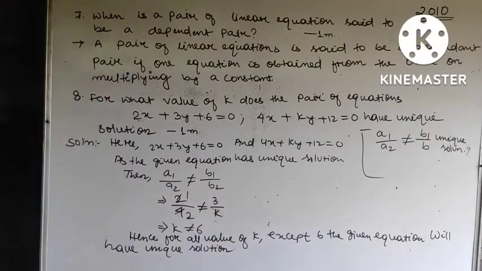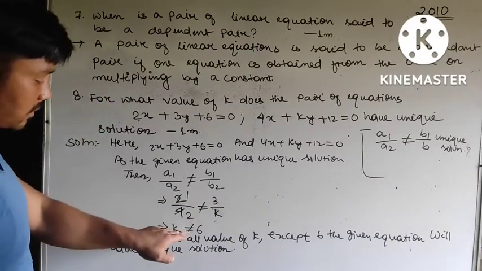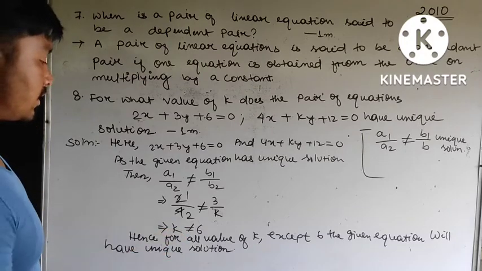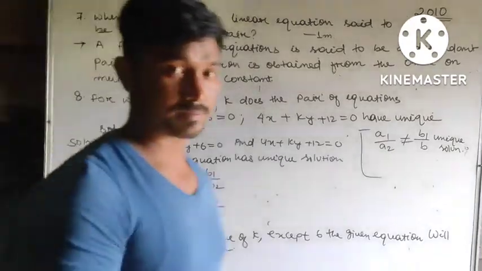This is the value we are finding. If k is not equal to 6, then the given equation will have a unique solution.